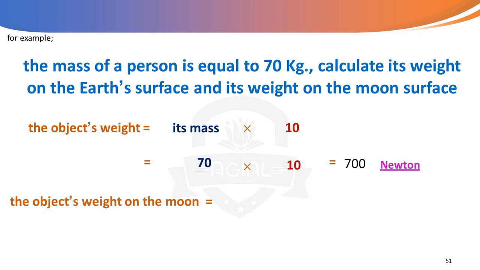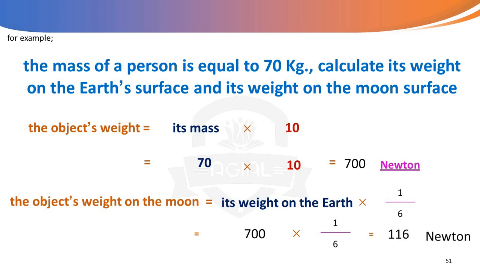The object's weight on the Moon is its weight on the Earth times 1/6, which equals 700 times 1/6, which equals 116 Newton.